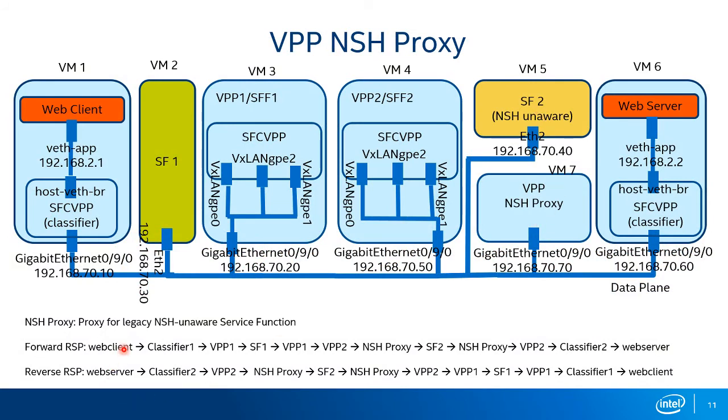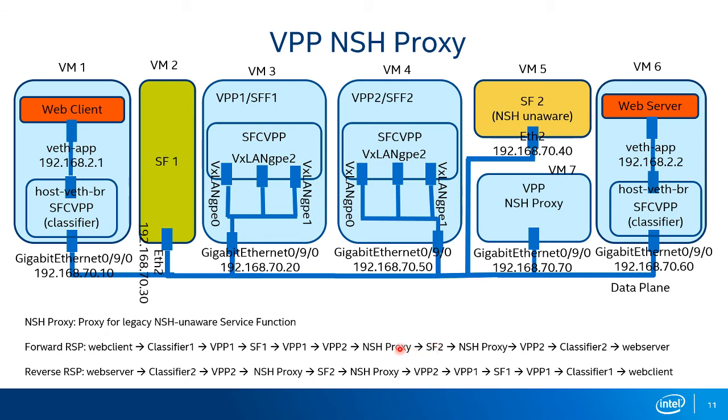The forward traffic from VPP2 will go through the NSH proxy first. The NSH proxy will decapsulate the packet and remove the NSH header, then use VxLAN to re-encapsulate the packet and send it to SF2.